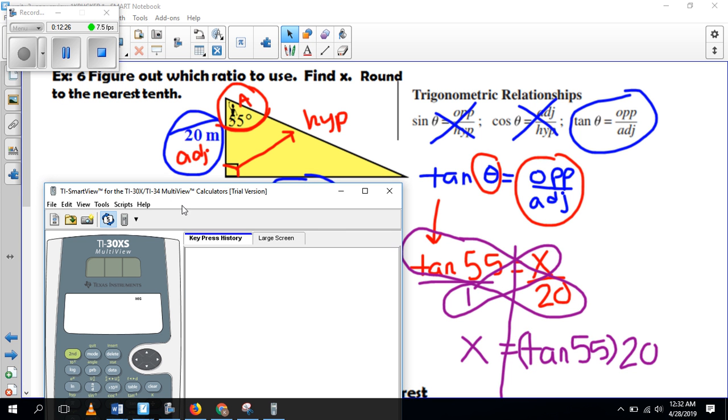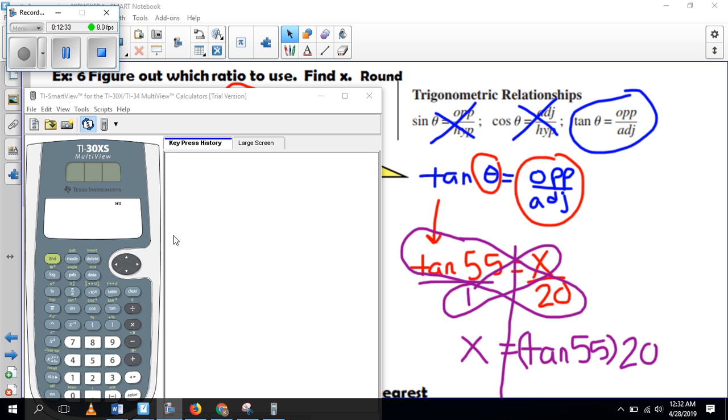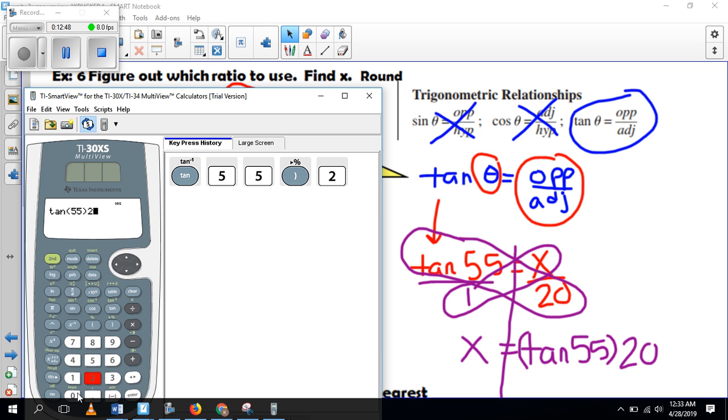I wanted to show you all how to put this in your calculators. I have this online calculator. We're going to press the tan key, 55, close it, and then type in 20.